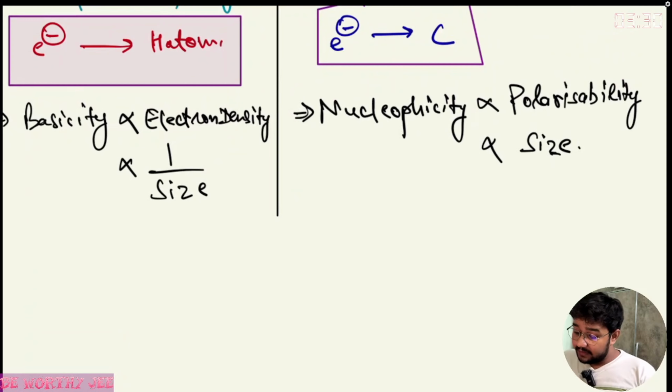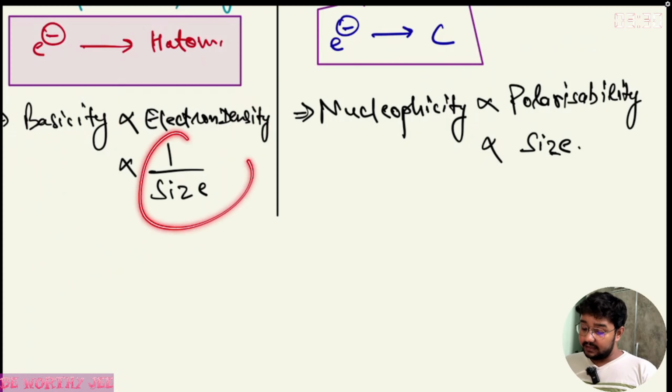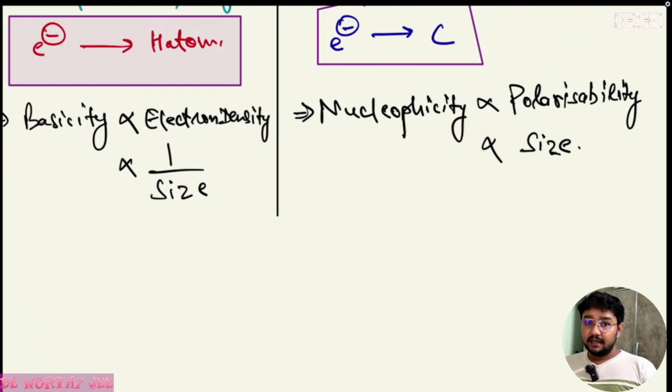So what does that mean? If basicity is directly proportional to electron density, where electron density is very high, then the basicity order is like that, and it is inversely proportional to size. But the nucleophilicity is directly dependent on the size and also the polarizability, how the electron will polarize or how the electron is participating.